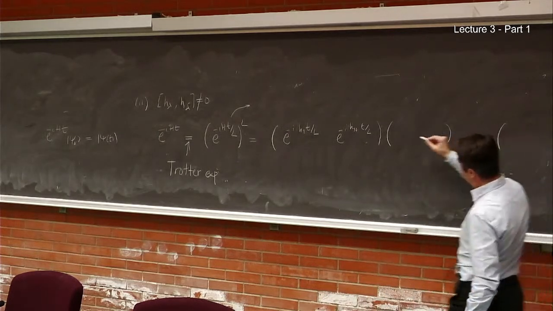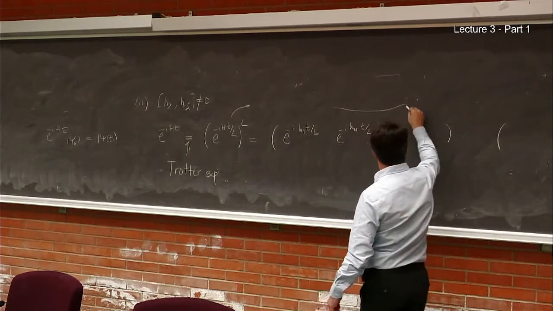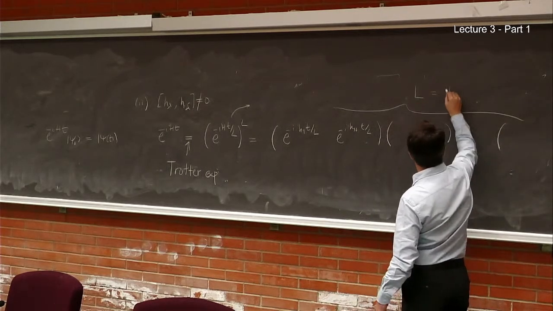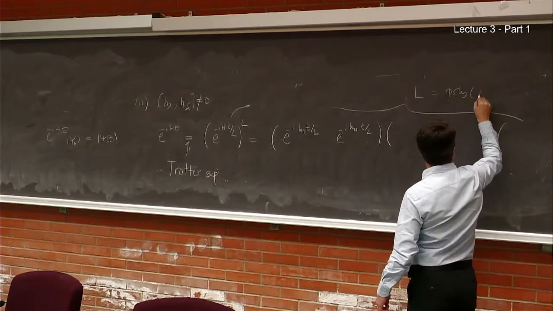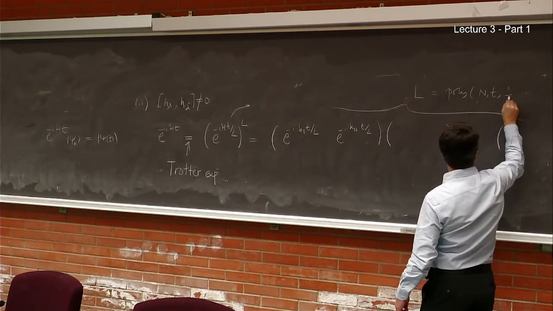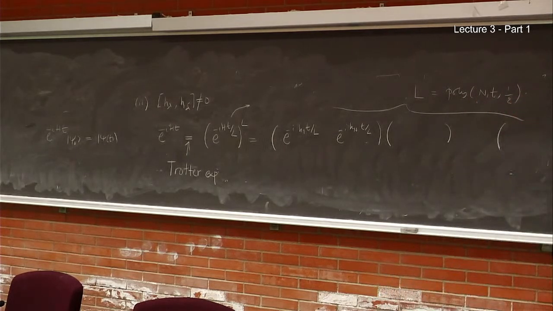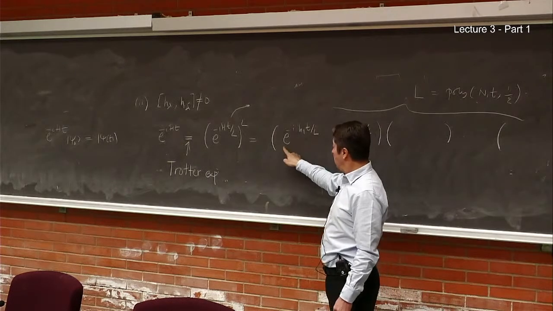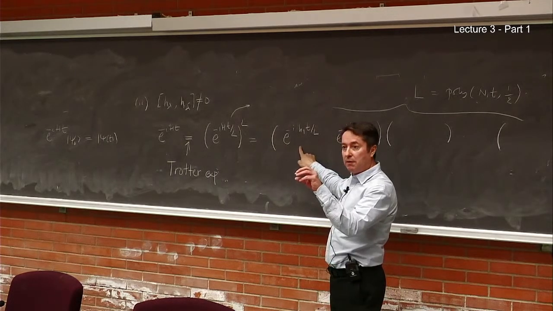L is polynomial in T, and you take care also of the dependence on the error budget that you have. And so now you see that these are acting only on a few qubits.